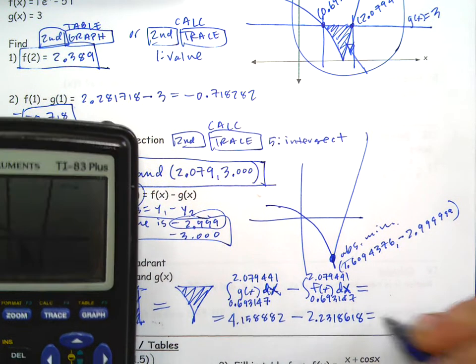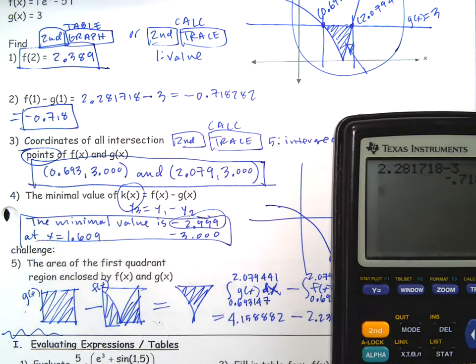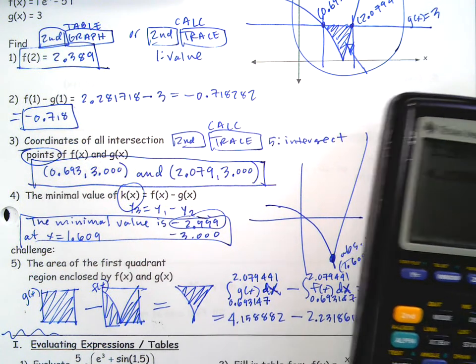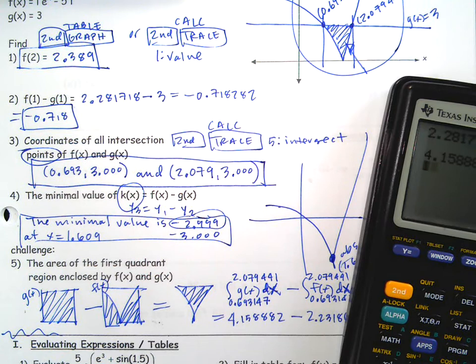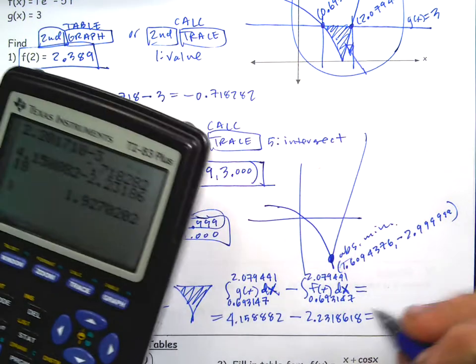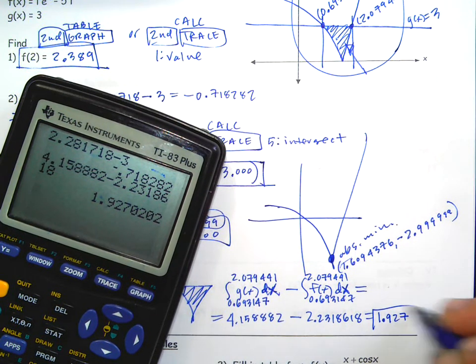And now I can go to my home screen and type these in and calculate 4.158882 minus 2.2318618. It should be positive, right? I mean, the area shouldn't come out negative. And that's your answer.